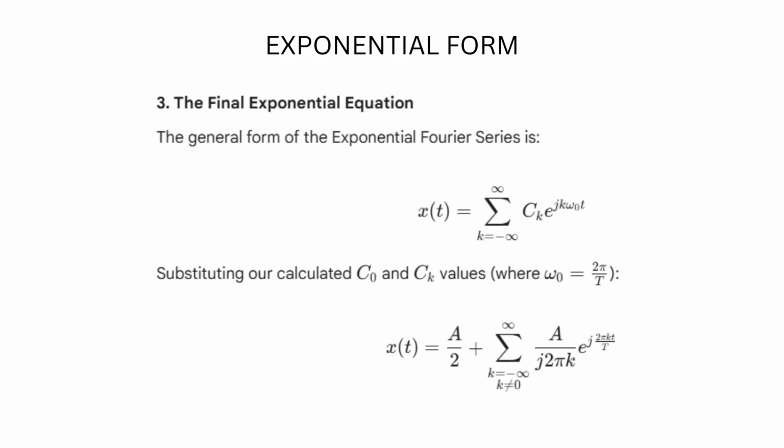Substituting our calculated c naught and c sub k values, where omega naught is equal to 2 pi over T, x of t is equal to a over 2 plus the summation from k equals negative infinity to infinity, where k is not equal to 0, of a over j 2 pi k times e raised to the j 2 pi k t over T.